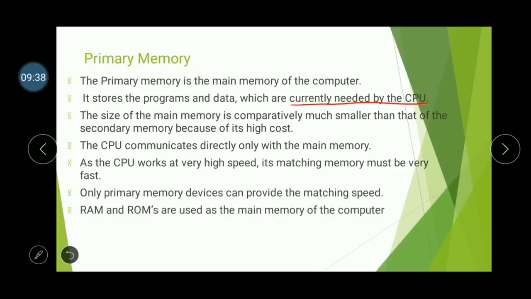What is meant by currently needed by the CPU? I will give one example. A plus B is one addition example.